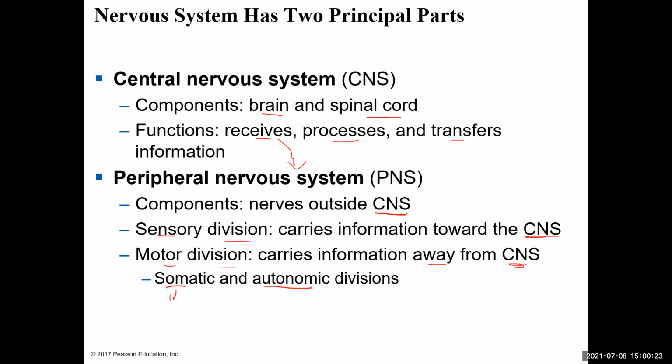So somatic is basically your voluntary control, and your autonomic are the involuntary structures that we don't control, right? We have involuntary control over. Now, this autonomic division can also be divided into what's known as the parasympathetic and the sympathetic divisions.